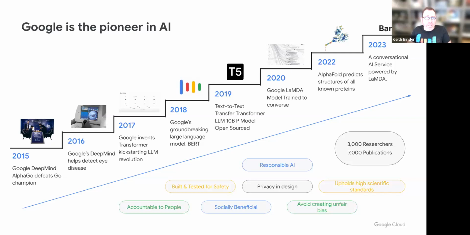For those who may not be aware, if you look at ChatGPT, the T in GPT stands for transformer, which coincidentally is the underlying technology that Google invented back in 2017, right? Suffice to say, we have been iterating on large language models.